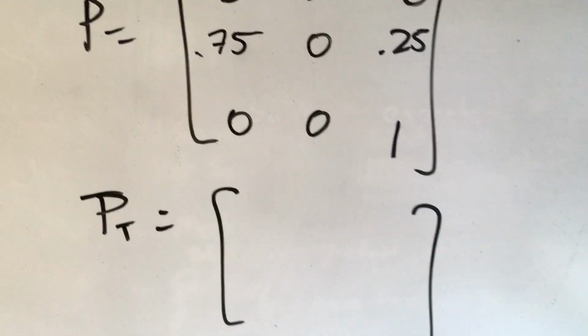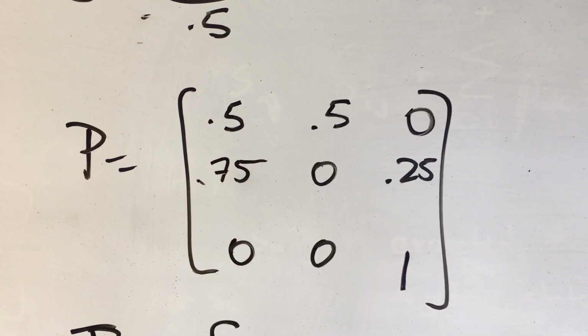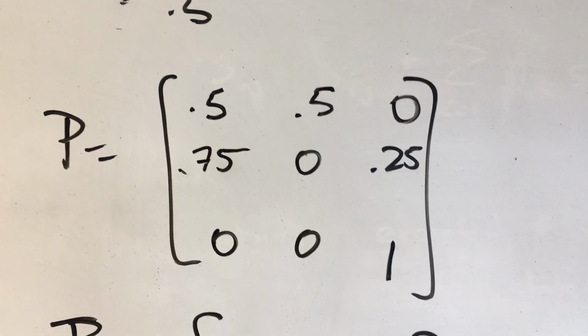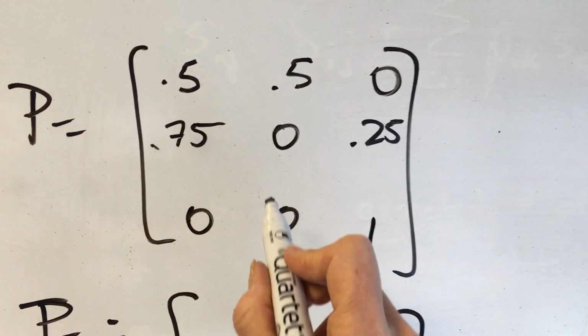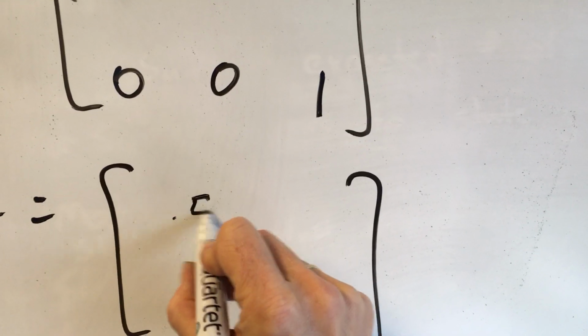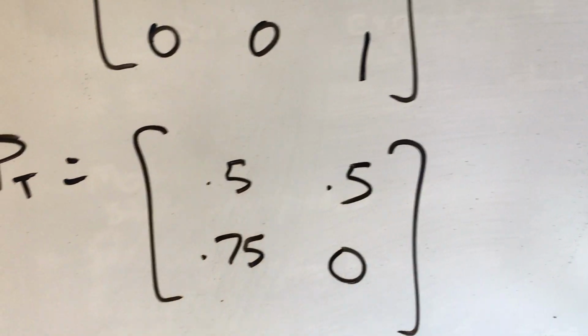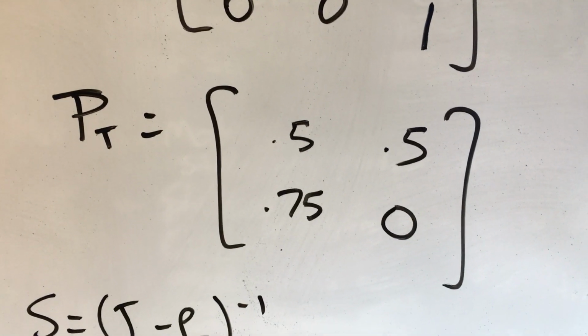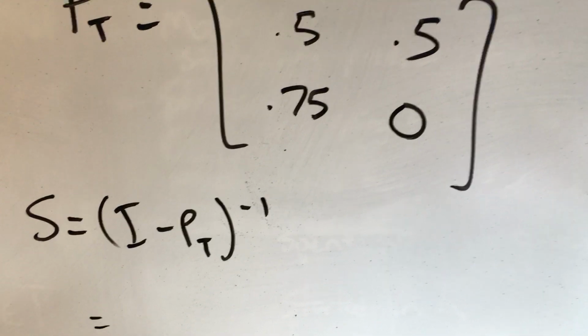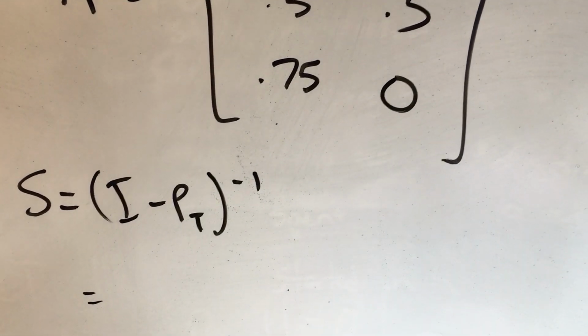Okay, so now I'm going to take P_T out of this. I don't want to worry about state 2, so I'm just going to look at this upper set. This is going to be 0.5, 0.5, 0.75, and 0. So there's P_T. And if I want to find my S matrix, I'm going to use I minus P_T and take the inverse.